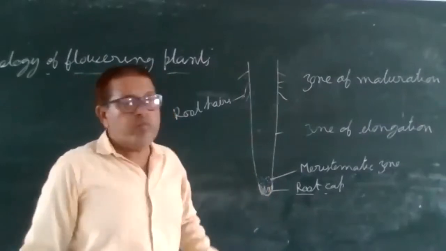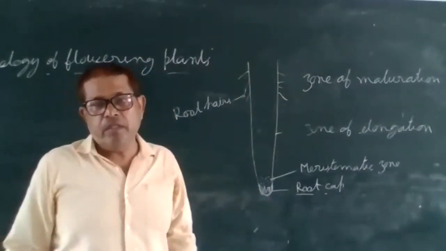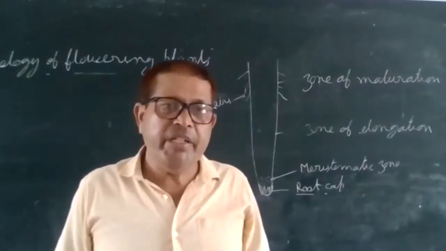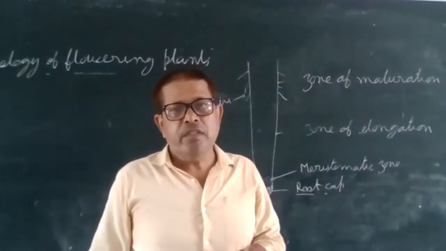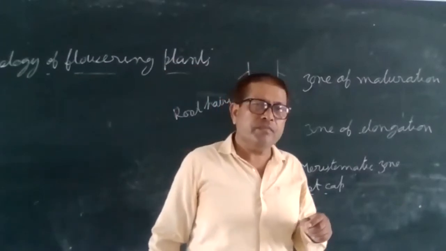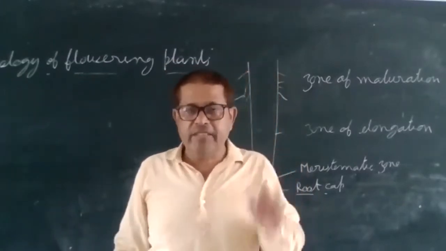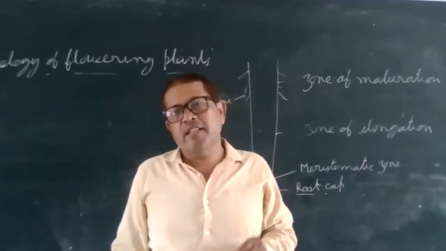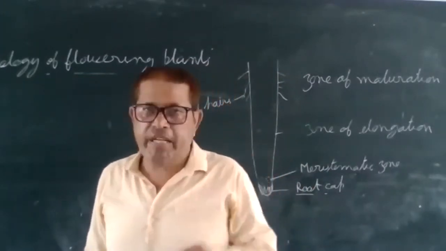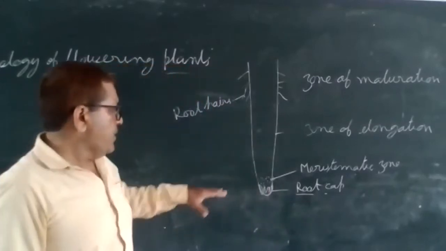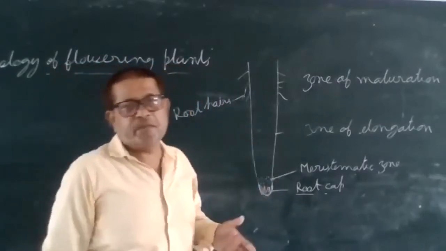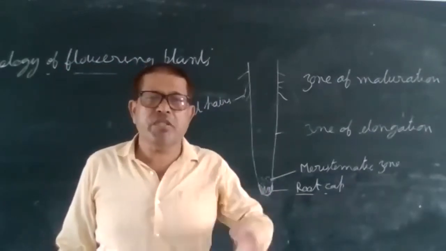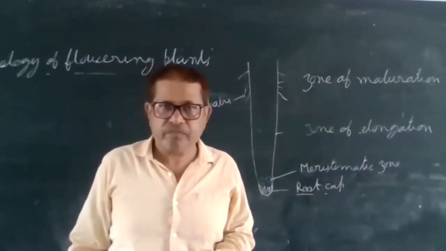After that, the meristematic zone is there. This region is made up of meristematic cells. These cells are thin-walled, having dense cytoplasm with prominent nuclei, and these are very active regions where cells divide to produce new cells.